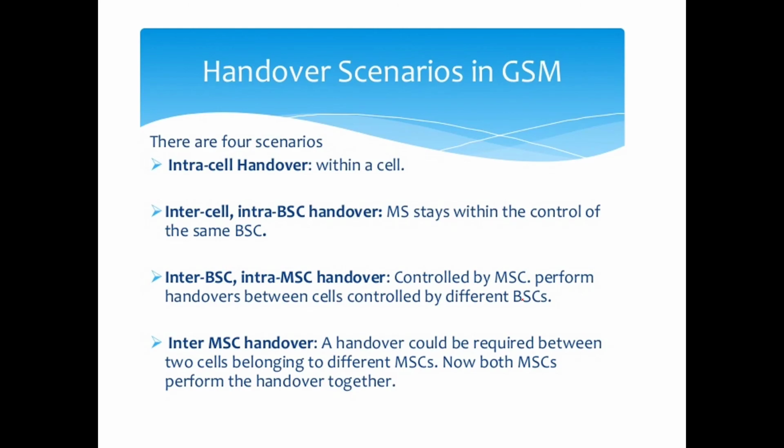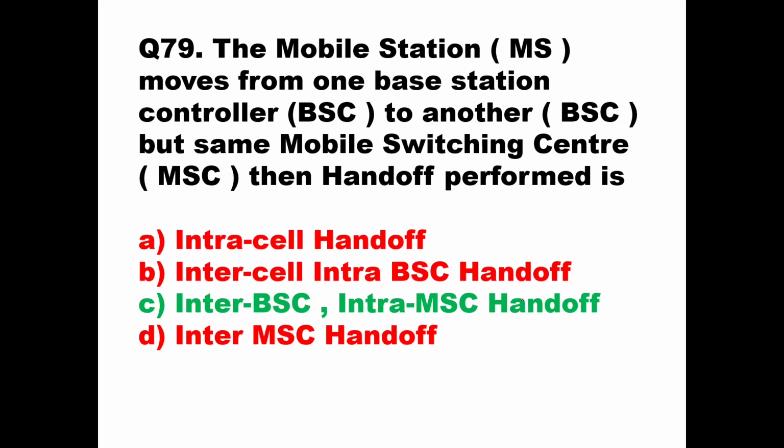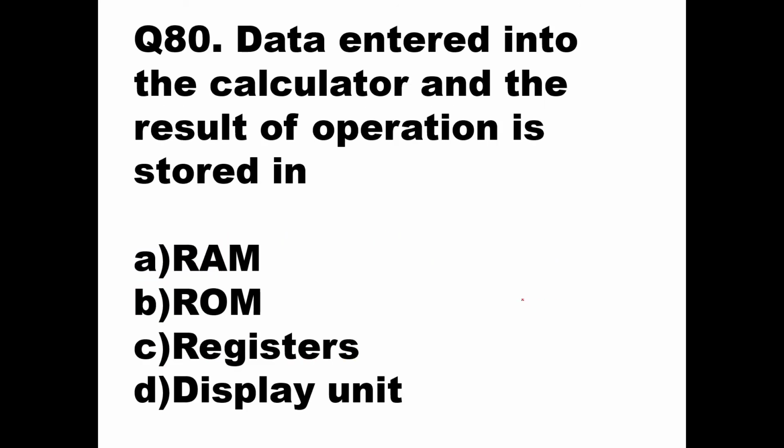This was our answer. Then the fourth one, you have inter-MSC handover, where a handover could be required between two cells belonging to different MSCs. Now both MSCs perform the handover together. Okay. Then we'll go to the next question. So here you can see that the option for this was inter-BSC, intra-MSC handoff. Okay. Then we'll go to the next question.